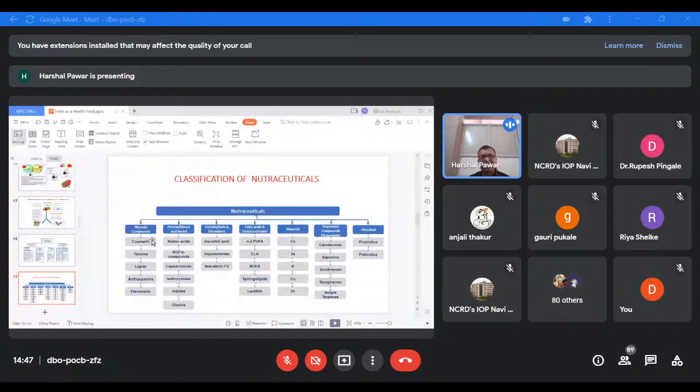So there may be polyphenolic compounds, sometimes in the form of flavonoids or even tannins. This includes your coumarins, tannins, lignins, anthocyanins, and flavonoids. Sometimes they are found in plants as simple phenolics, sometimes as polyphenolic constituents.